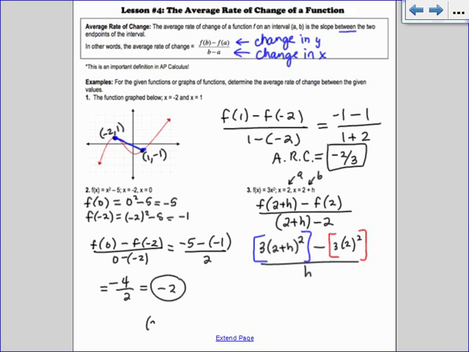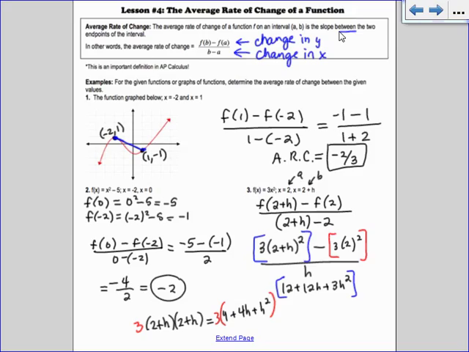If you have 2 plus h times itself, you're going to end up getting 4 plus 4h plus h squared, right? So we have 3 times that, with the 3 out front. So we're going to end up getting 12 plus 12h plus 3h squared. That's the part that was in blue. So maybe I'll keep it in blue so you can see it. That's what it is when it's simplified.